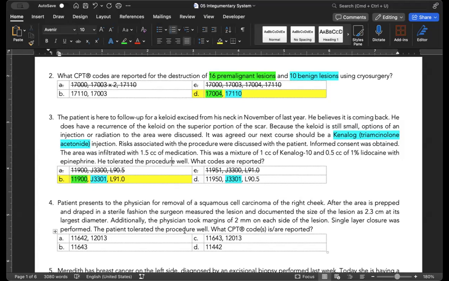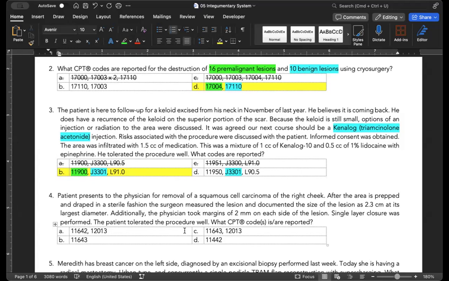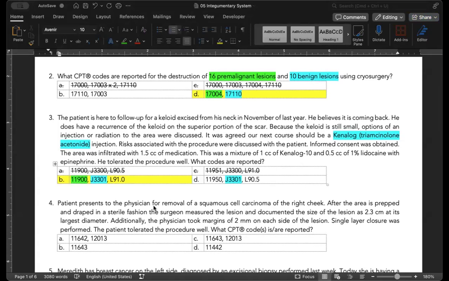Okay, does that make sense? Any questions on that one? So there's nothing that really says that it's filling or not, technically. You just got to use common sense. It's a keloid, you wouldn't want to fill it. Right. You just have to know what a filling material would be and then kind of what we're doing with the injection. Okay.